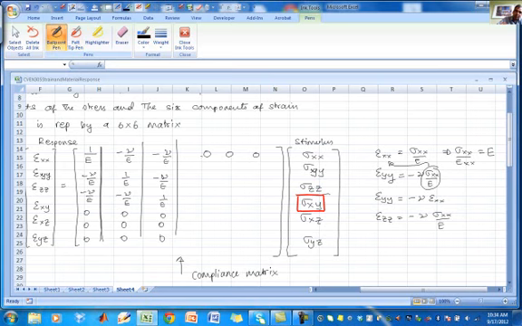The next column will look like 0 0 0, and I will get what is called the shear modulus. The symbol for shear modulus is either mu or G. This is called shear modulus.